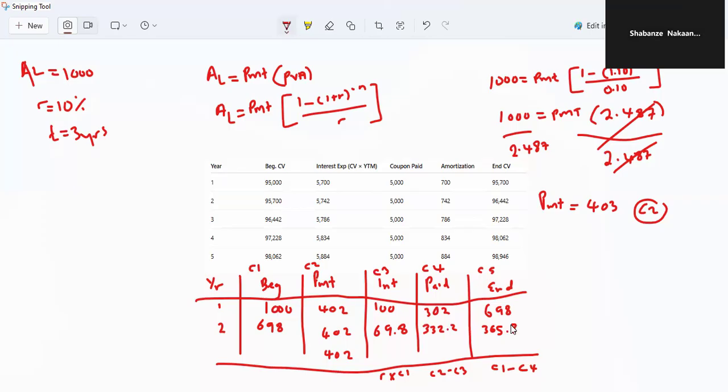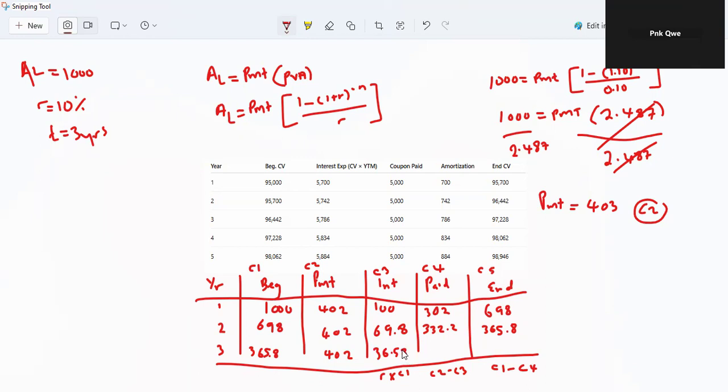It goes back to column 1, becoming the opening balance for year 3: 365.8. So how do we get column 3? 10% of that, so 36.58. You're just moving the decimal point to the left.